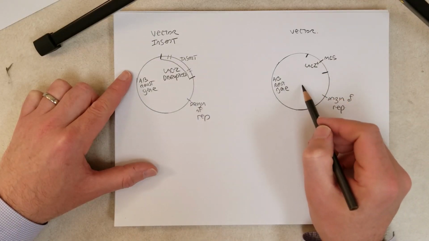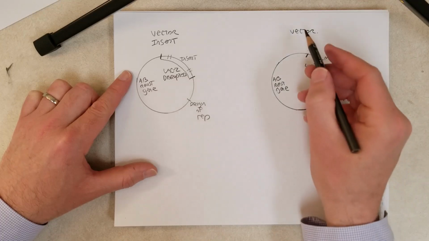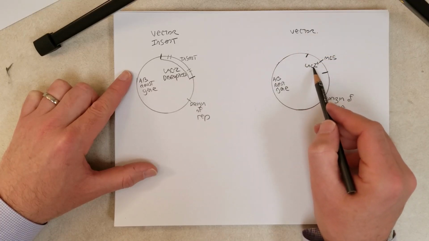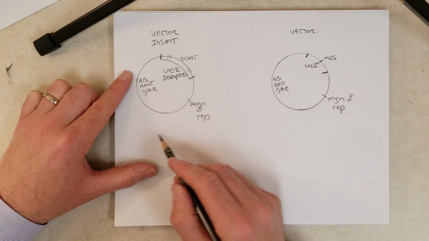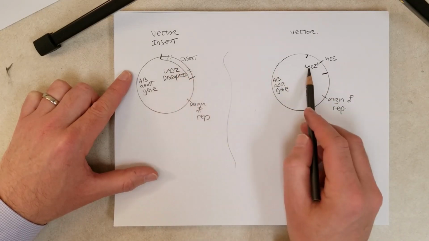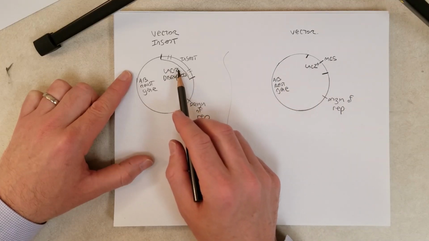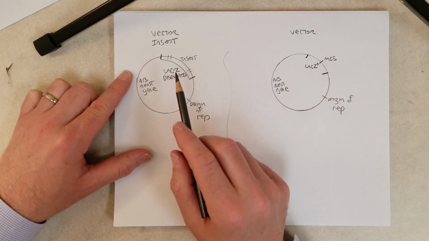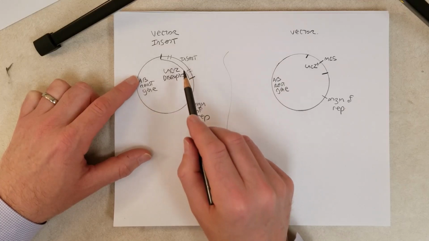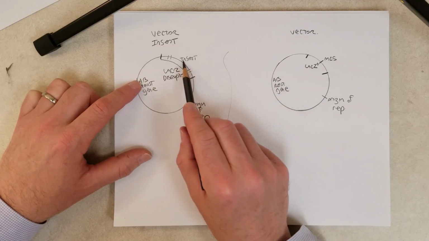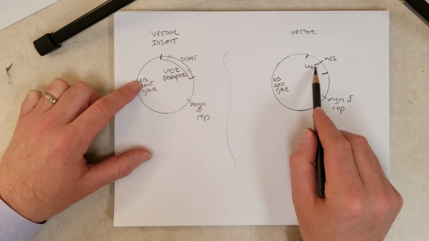So this plasmid right here without the insert, the cloning vector alone, encodes a functional copy of the LacZ gene. And that functional copy of the LacZ gene here, but not here, is going to allow us to identify bacterial cells that possess the plasmid that contains the insert in the multiple cloning site relative to those that don't.